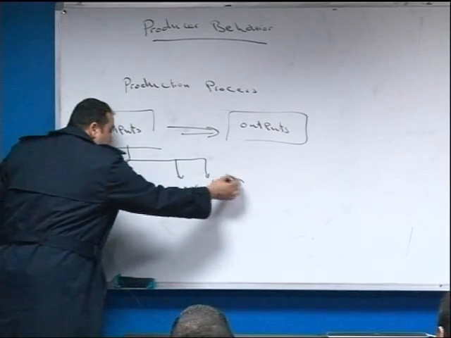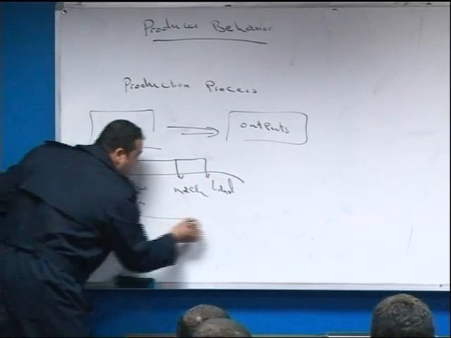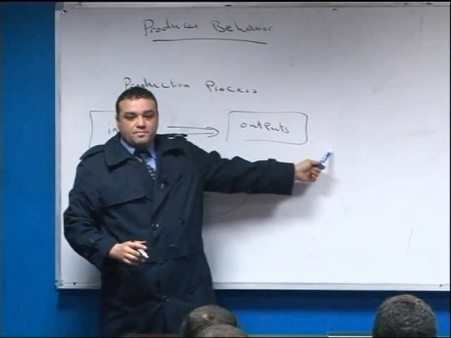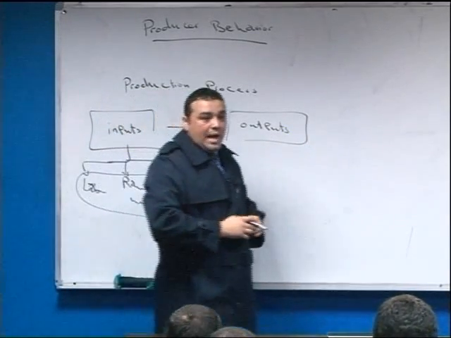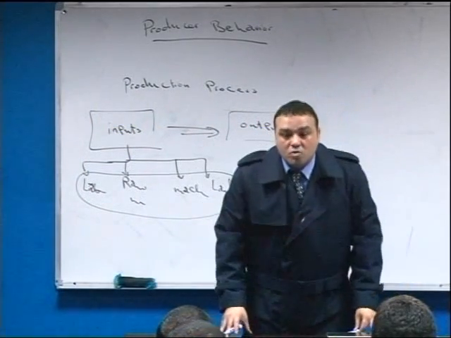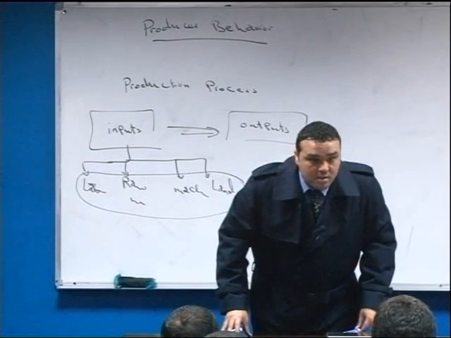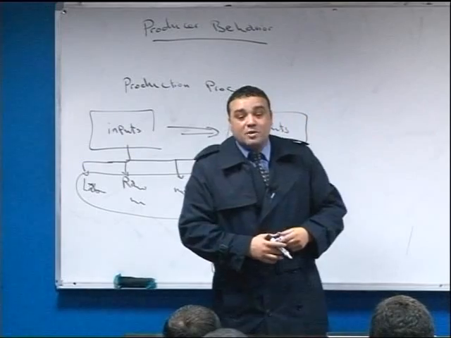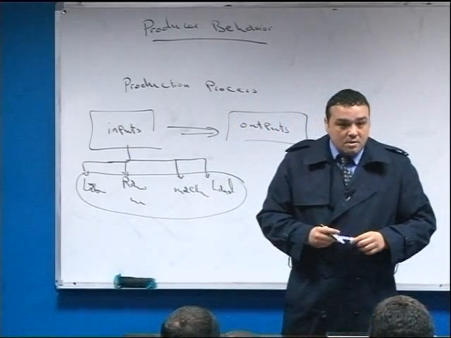We use all these combinations of inputs to produce outputs, right? And when we talk about inputs, for sure we're talking about cost, right? And when we talk about outputs, for sure we're talking about benefits, right?